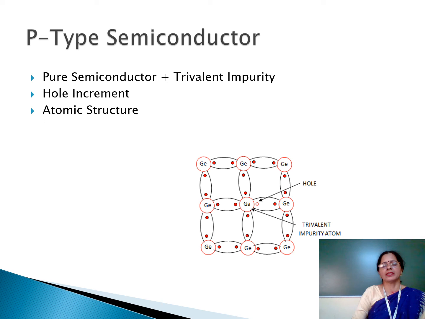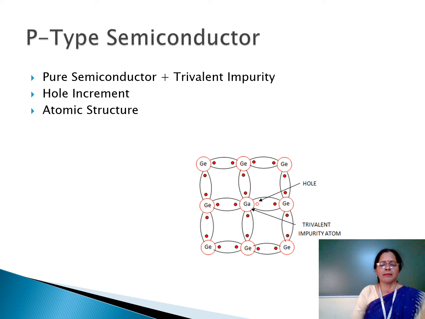This covalent bond requires 1 electron, or is in the position of accepting 1 electron. That means the gallium atom is in the position of accepting an electron from outside. This accepting of 1 electron is the same as the missing of 1 electron, and the missing of one electron is the same as the generation of one hole. So hole means a missing electron.